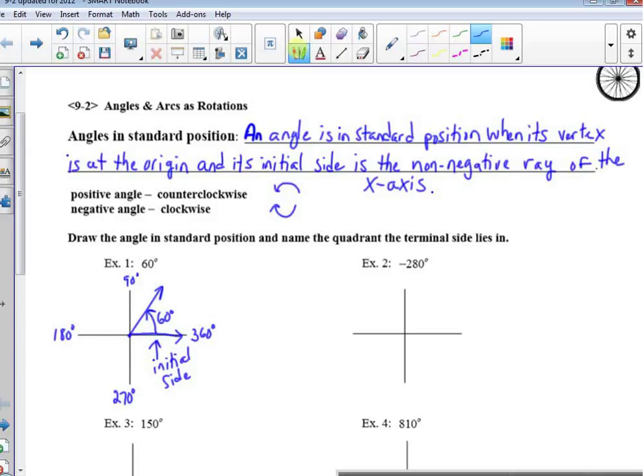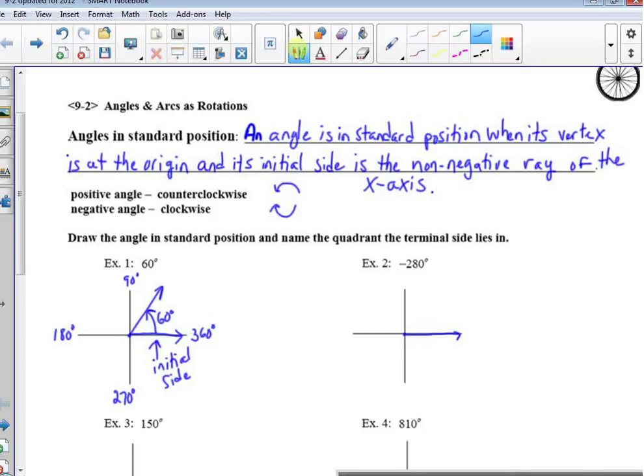Now negative 280 is after negative 270. So for negative 280, we have the vertex, and here's the non-negative ray of the x-axis. That's the initial side.